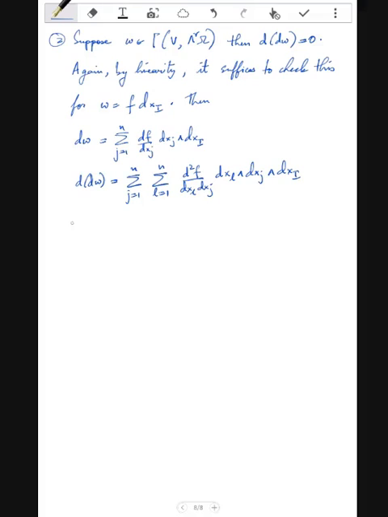So when l equal to j, dx_l wedge dx_j is equal to dx_l wedge dx_l. This is 0.